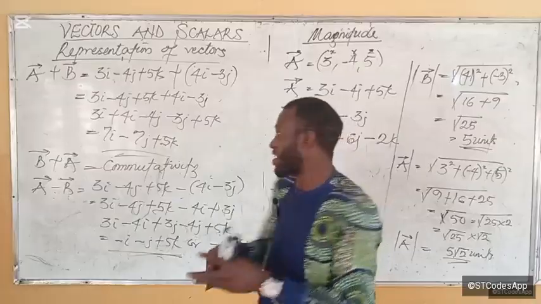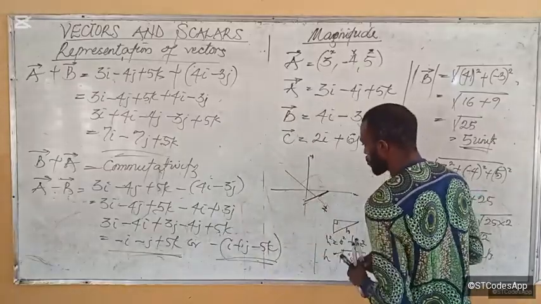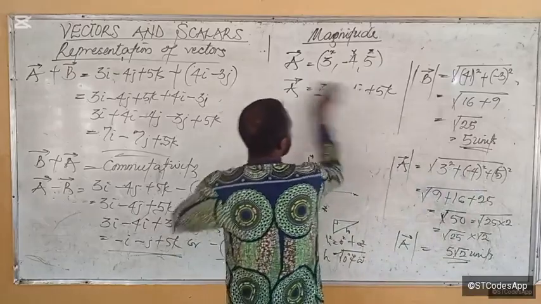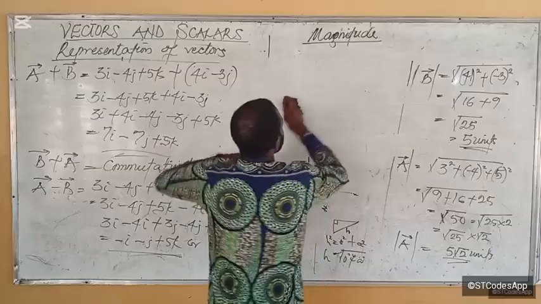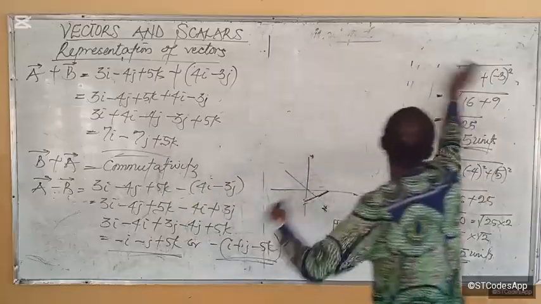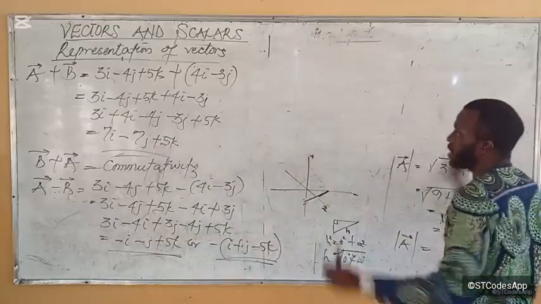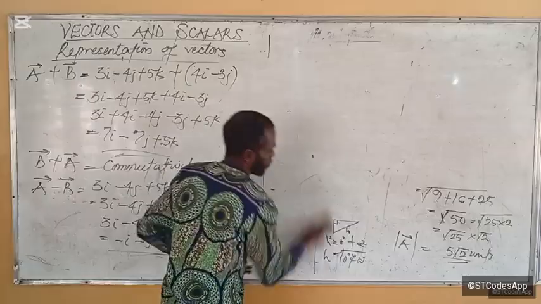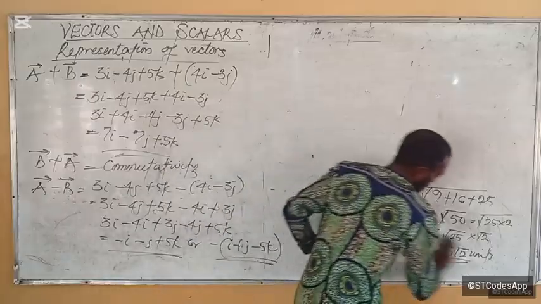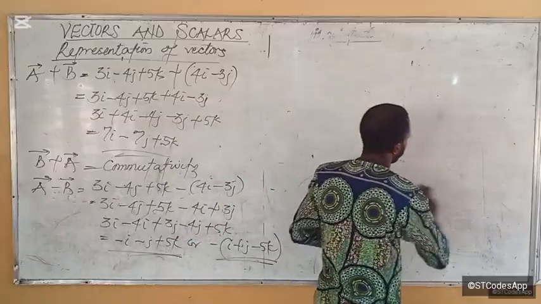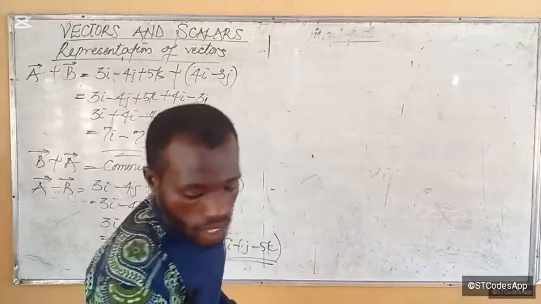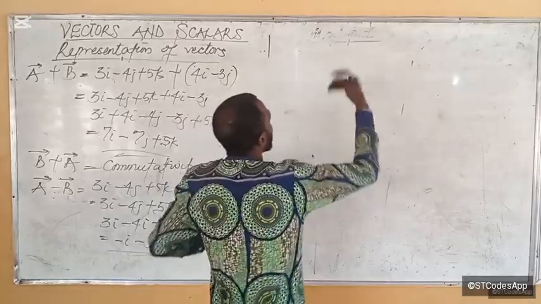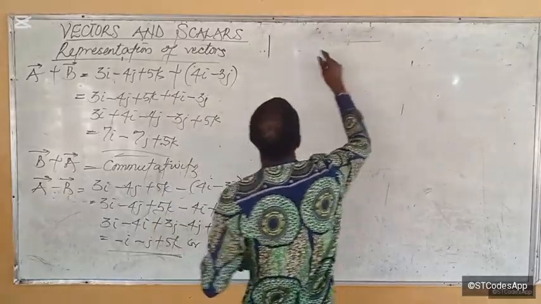But the operation is not commutative over subtraction, because vector A minus vector B is not the same as vector B minus vector A. So the operation is not commutative over subtraction, but it's commutative over addition. So we call it the commutativity principle.